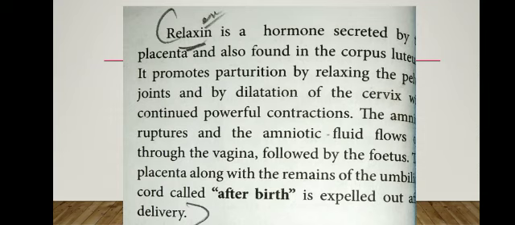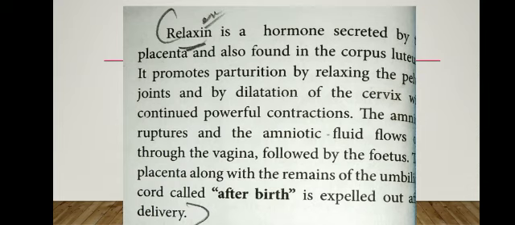Relaxin is a hormone secreted by the placenta and also formed in the corpus luteum. It promotes parturition. Parturition வந்து promote பண்ணும் relaxing the pelvic joints. So என்னாகும், pelvic joint வந்து light-ஆ closed-ஆ தான் இருக்கும்.